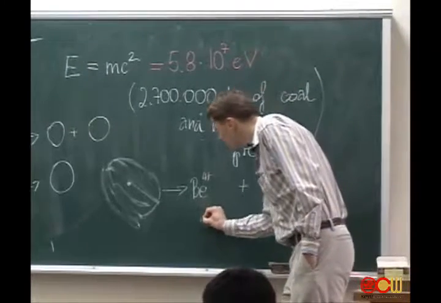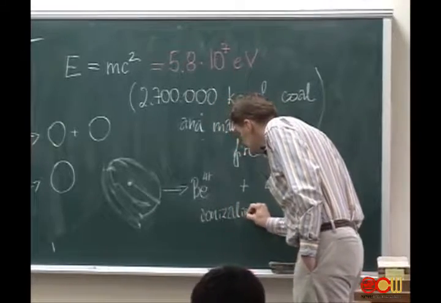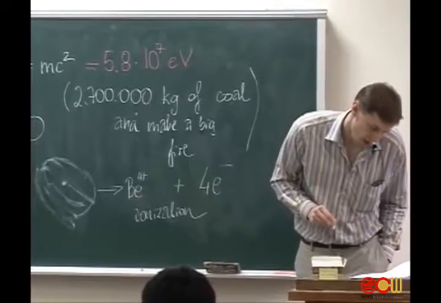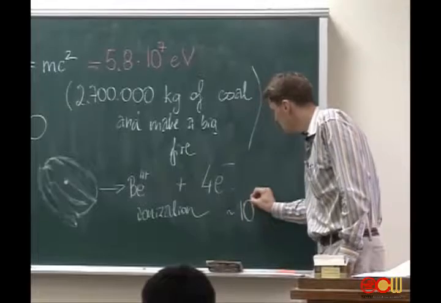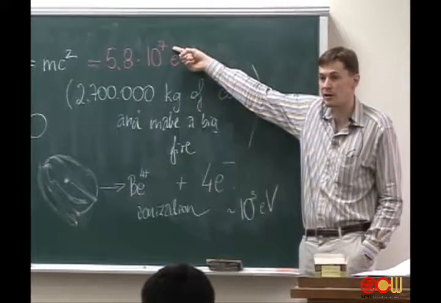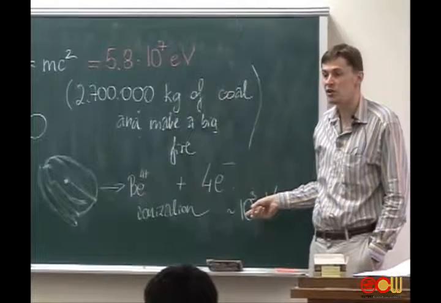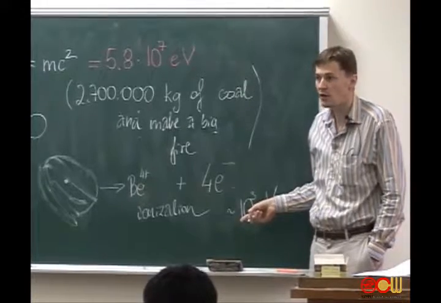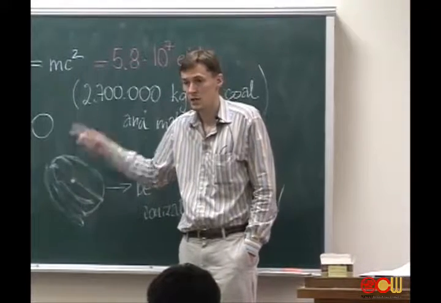This is called ionization. This ionization requires approximately 10 to the power 3 electronvolt. Compare it with this number. It means that the energy only in electrons is very, very small. So all this huge energy is inside the nucleus, which finishes our class.